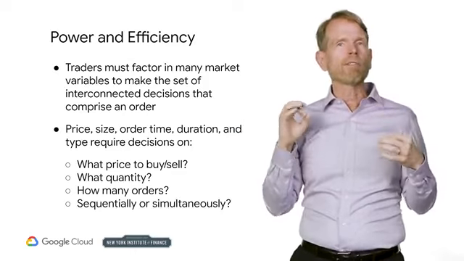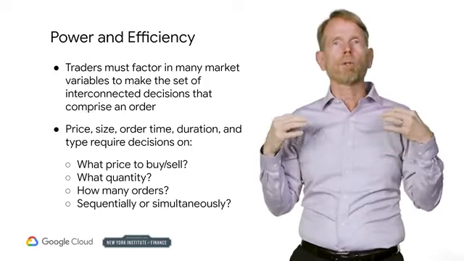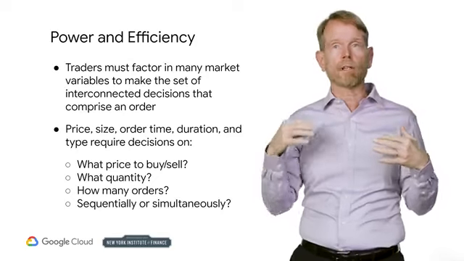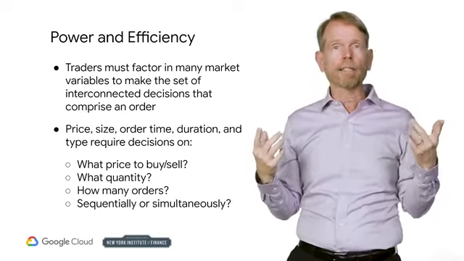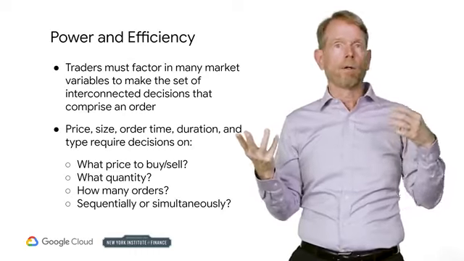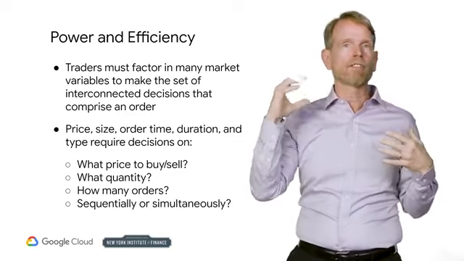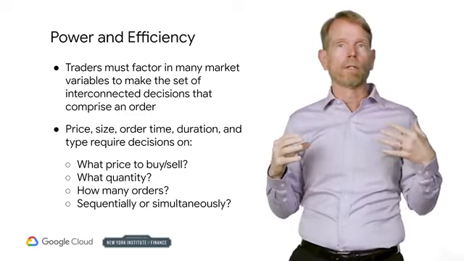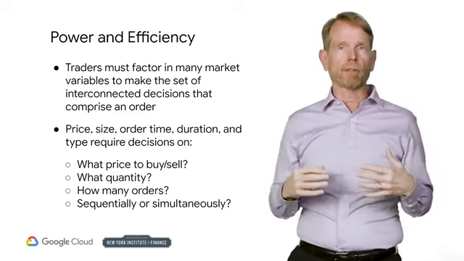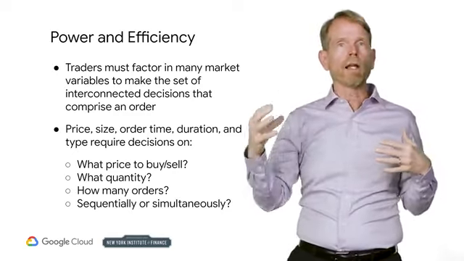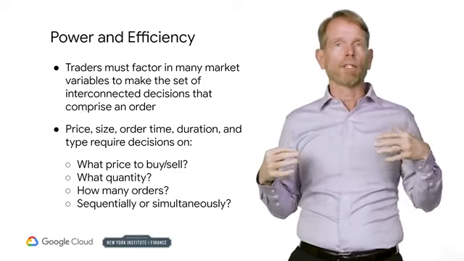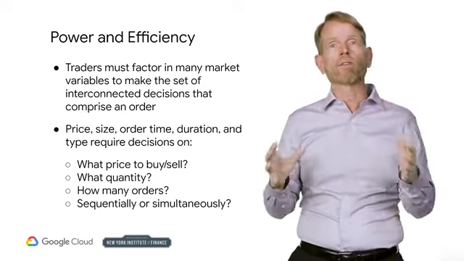For example, even the most basic orders will require the computer to make a set of feasible decisions like price, size, order time, order type, etc. All these factors require the algorithm to make a set of interconnected decisions, such as at what price to buy or sell, and what quantity, whether it should be a single or multiple order at different or the same prices. Should it trade at one or multiple venues? Should it do it one after another or simultaneously?